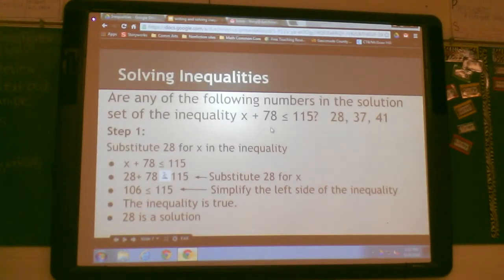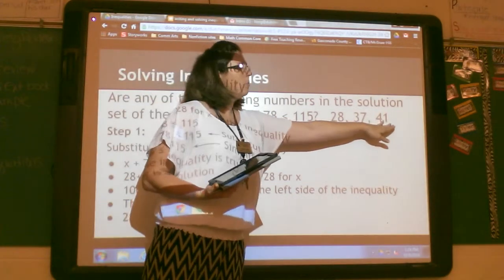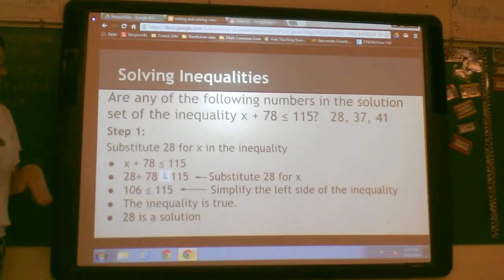Okay, next we're going to use this example. Are any of the following numbers in the solution set of the inequality x plus 78 less than or equal to 115? Just like we did with the equations, we're given 3 possible solutions, and we are going to plug those in. Step 1, we're going to substitute 28, which is our first number, for x in our inequality.